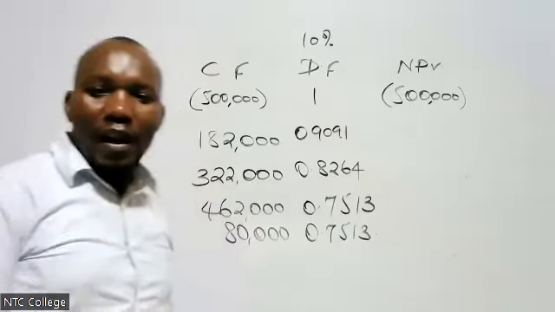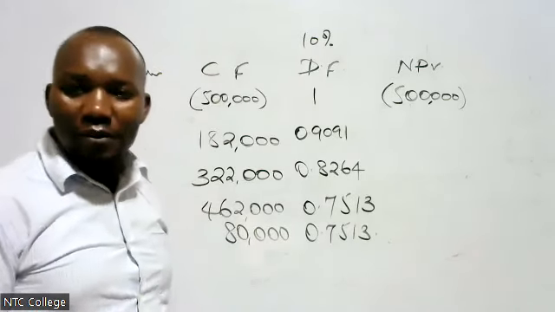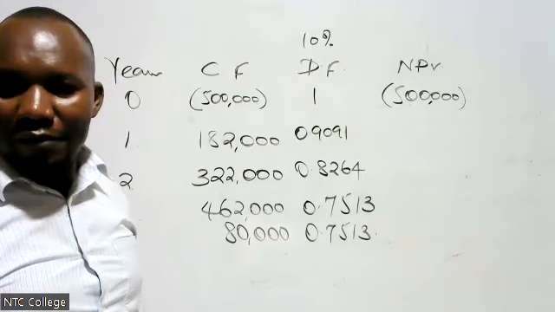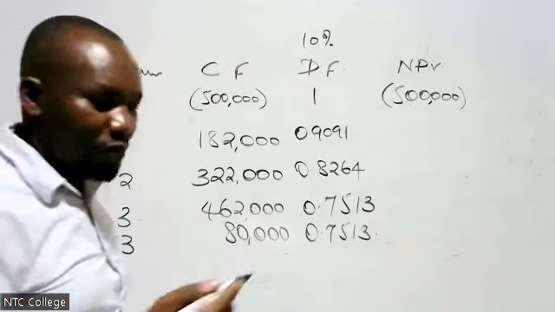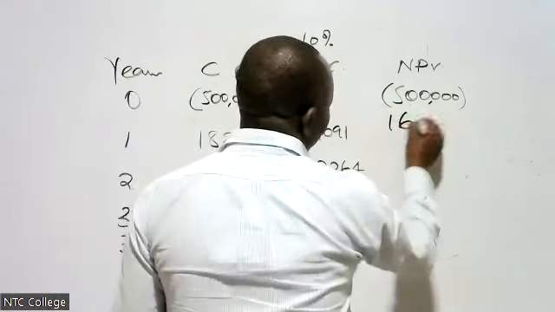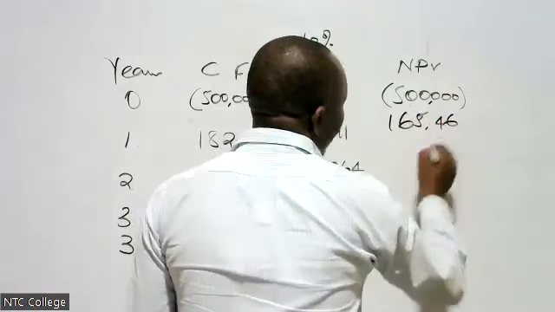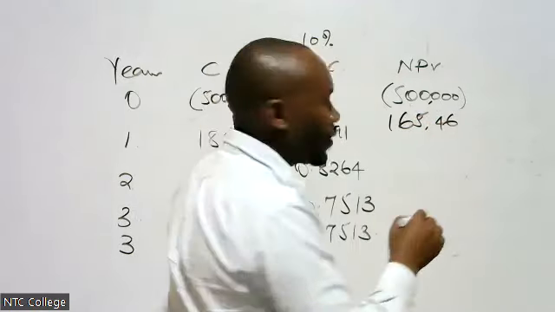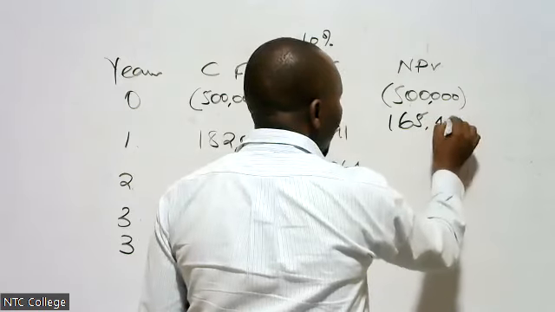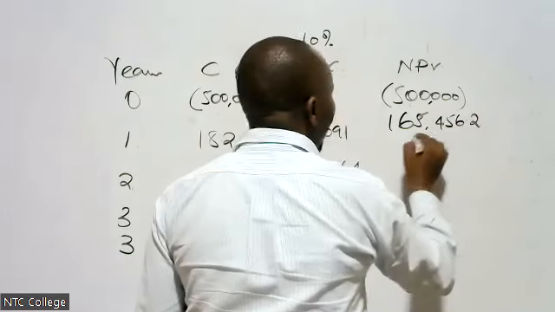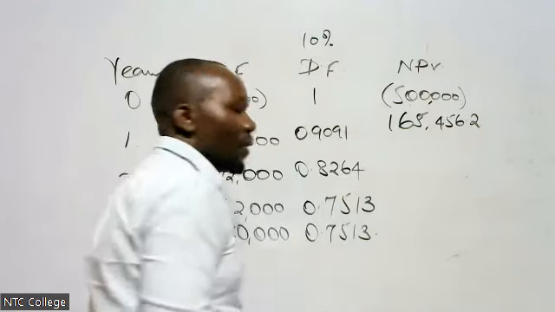Oh, thank you. Okay, year 1, 165. Waziri has given me 165, 456.2. 165, 460, 456.2. The next one.